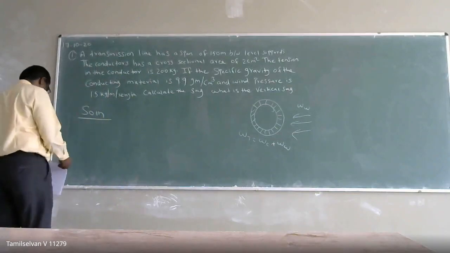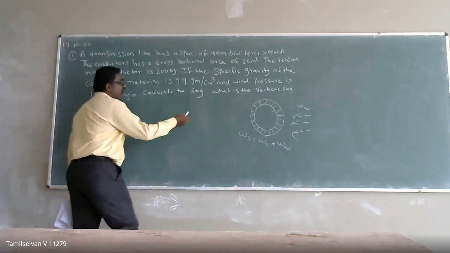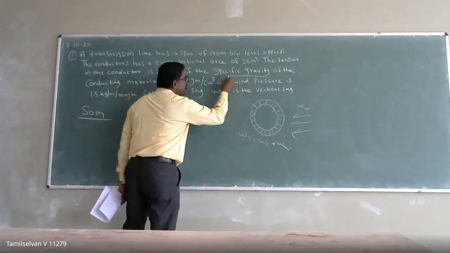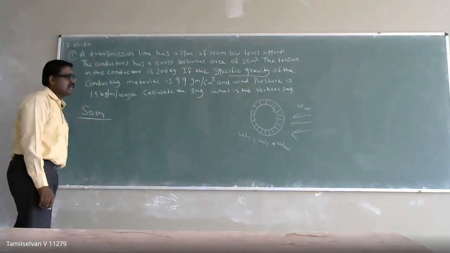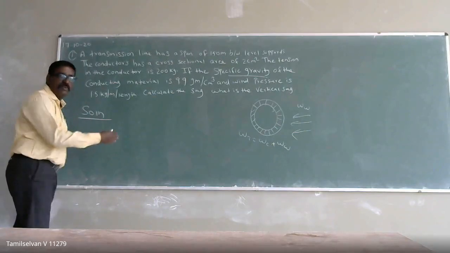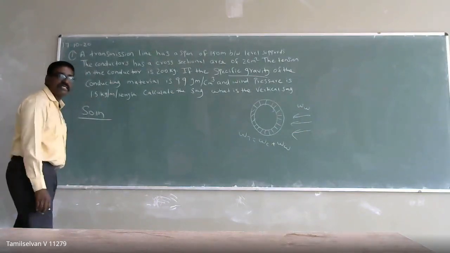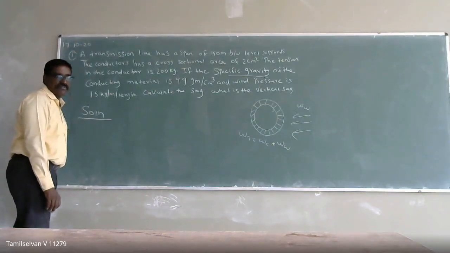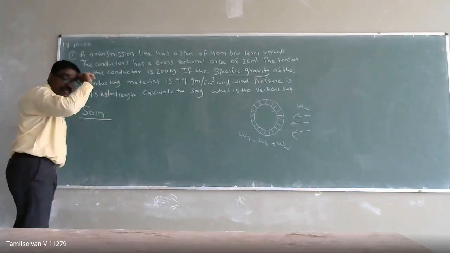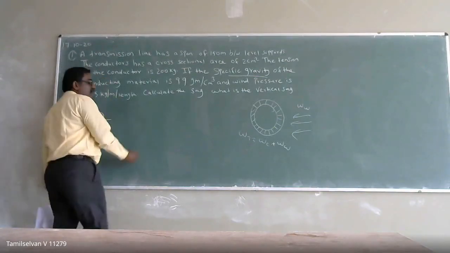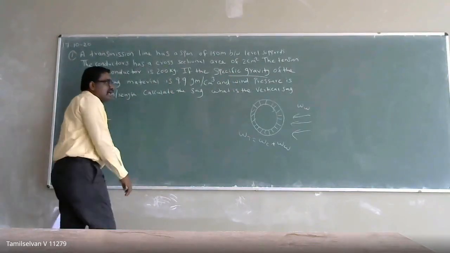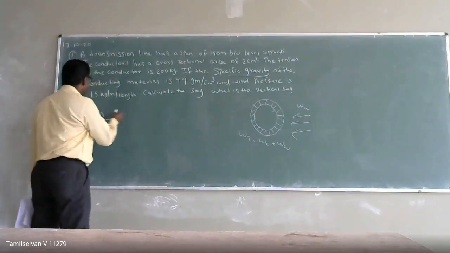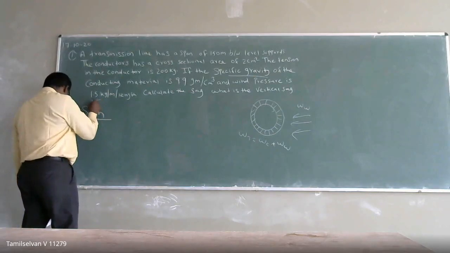For calculating the weight of the conductor, given the specific gravity and the volume. They give the wind pressure 1.5 kg.